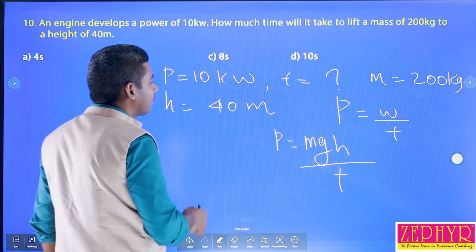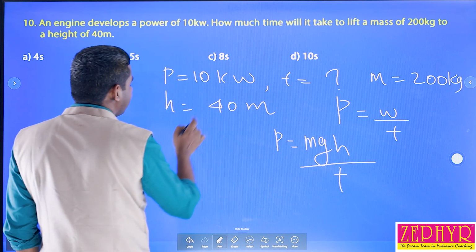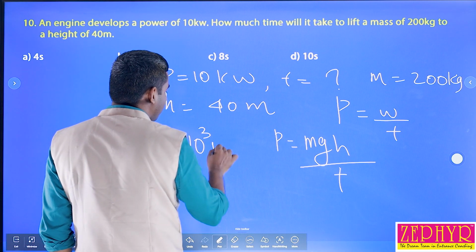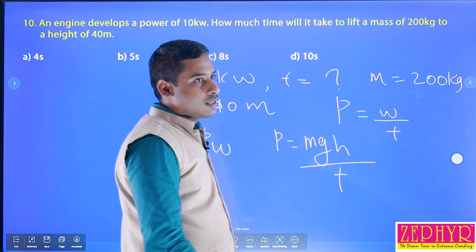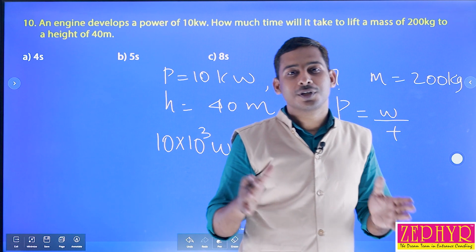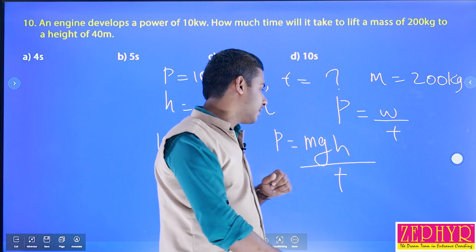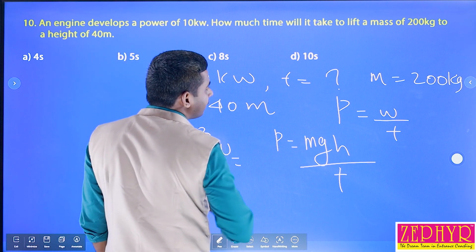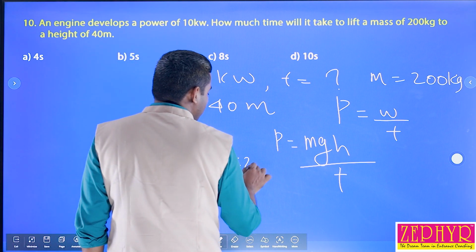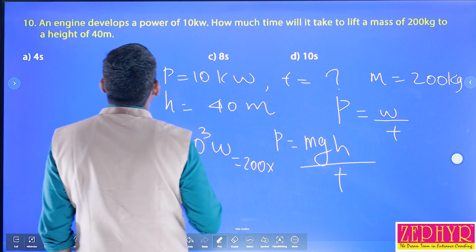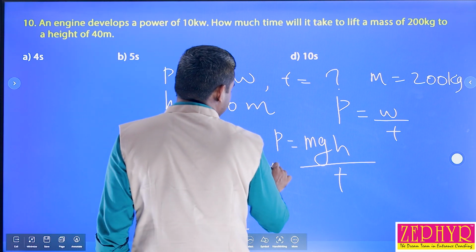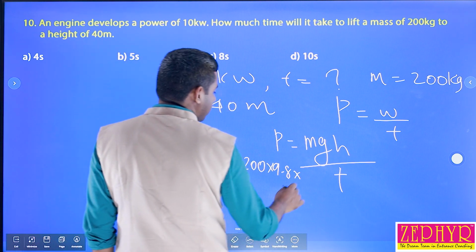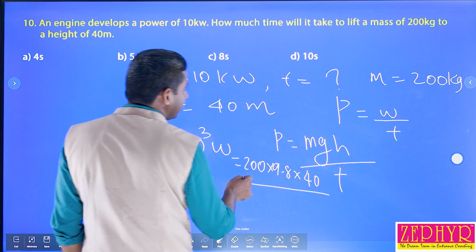Okay. So here they said 10 kW. So you have to change 10 kW into watt. You have to multiply the given number with 1000. That is 10 into 10 cube watt, that is equal to, what is m they said? M we have 200, then value of g you can take 9.8, then into h they said 40 divided by t.